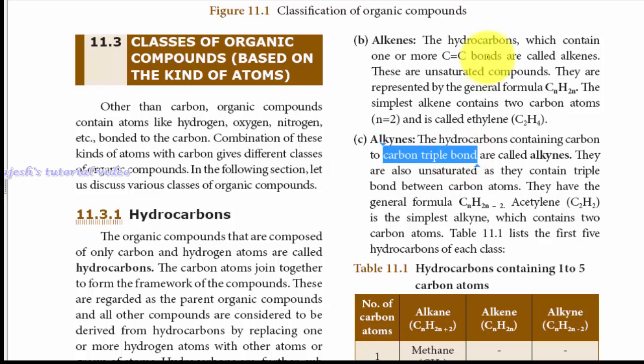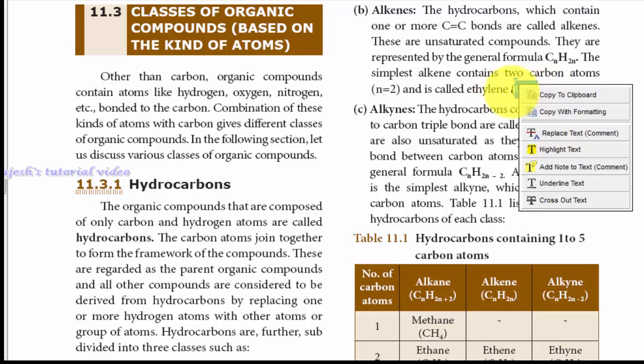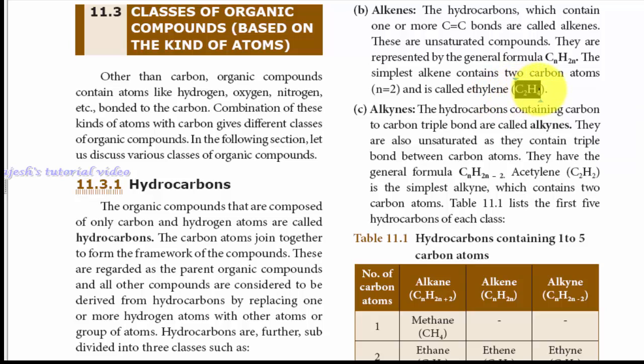Coming to alkenes, they contain a carbon to carbon double bond, and they are represented by the general formula CnH2n. The simplest alkene itself should contain 2 carbon atoms, because the double bond is formed from one carbon to another.